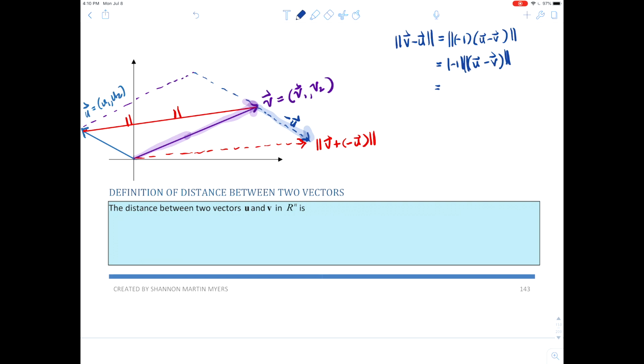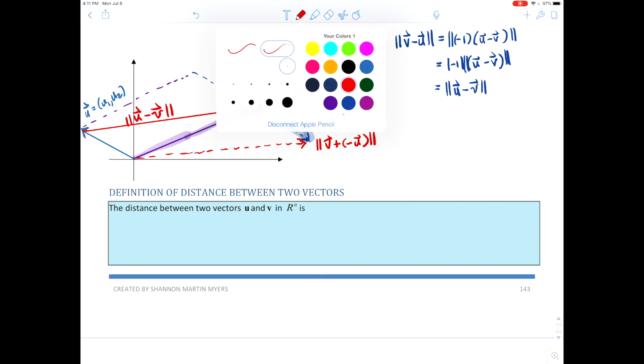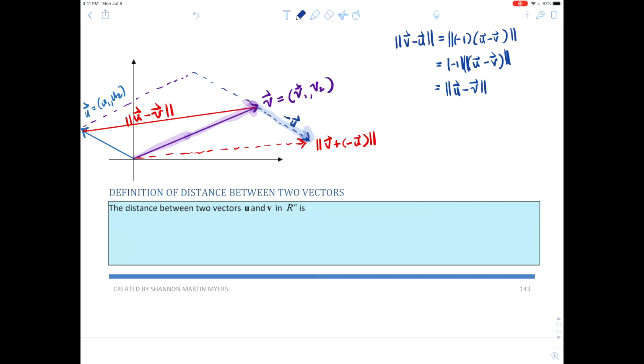And then that's just going to be 1, so then we'll just have the magnitude of u minus v. And that's what we have here. Groovy? All right, so let's get the official theorem. It turns out that the distance between the vectors u and v, that's how we denote it, is equal to the magnitude of u minus v.